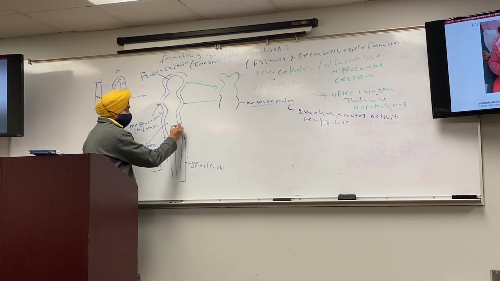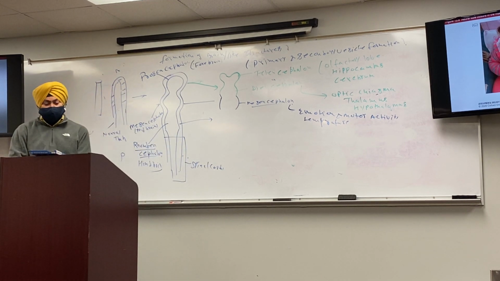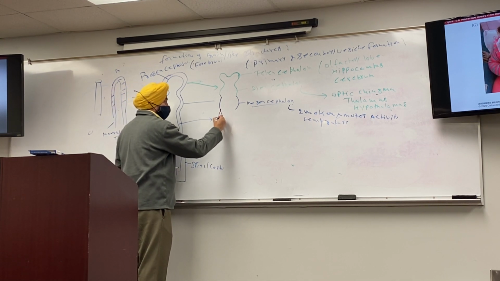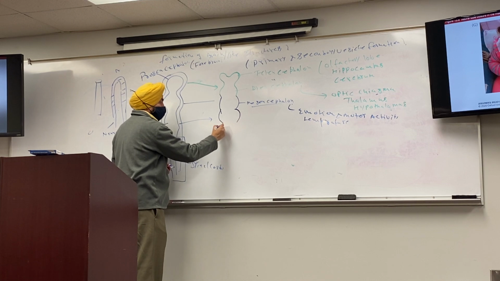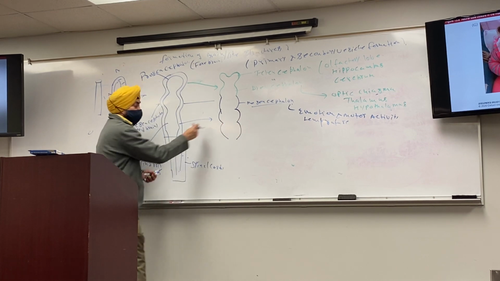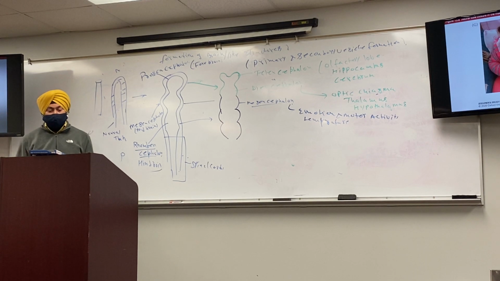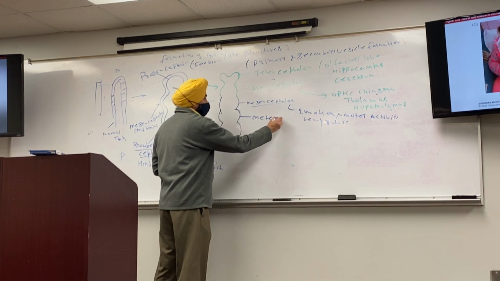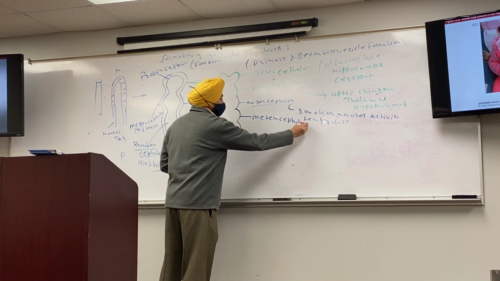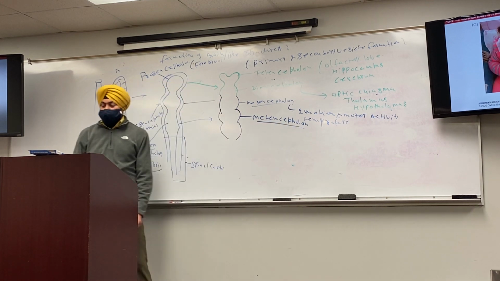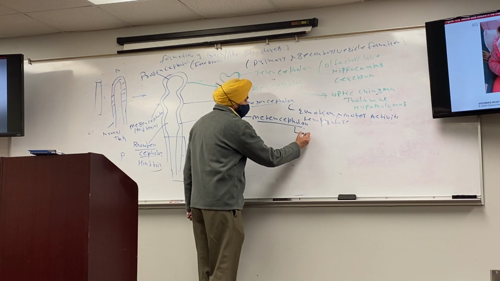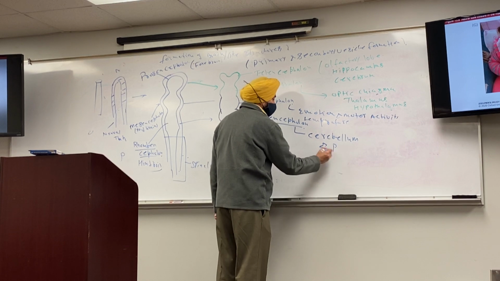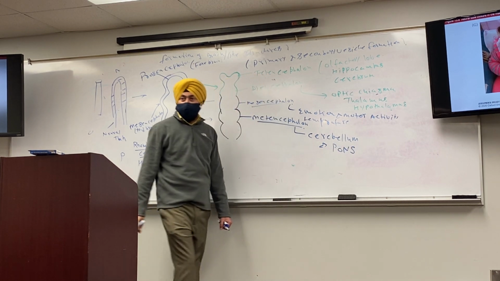Okay. Then this rhombencephalon, which was here, also divides into two areas. So rhombencephalon also gives two further vesicles, and that is called metencephalon. Metencephalon is going to give you cerebellum and pons. Those two structures are going to come from that.